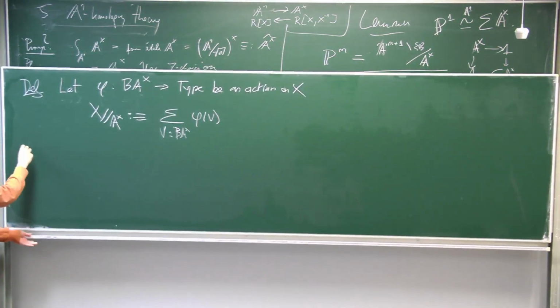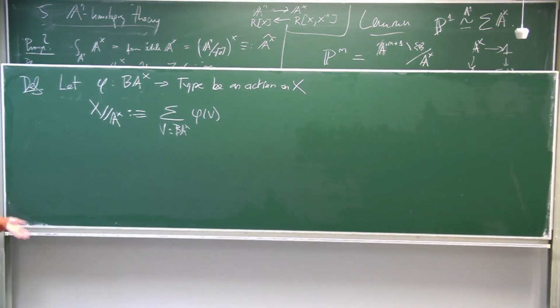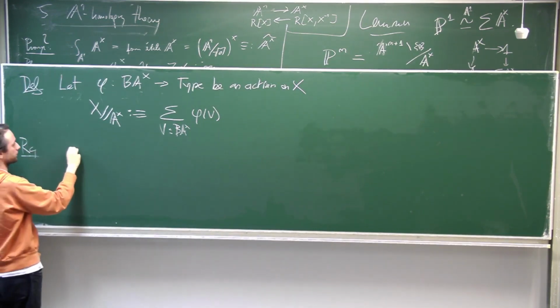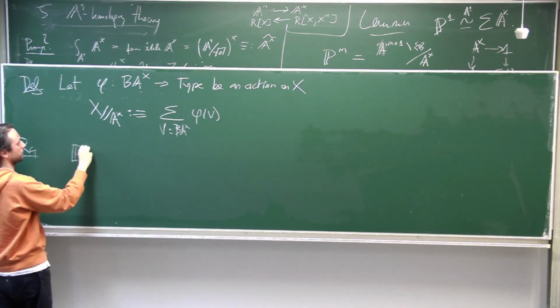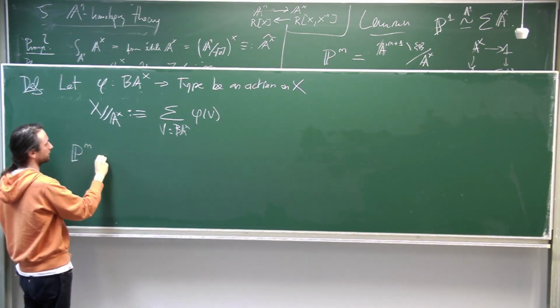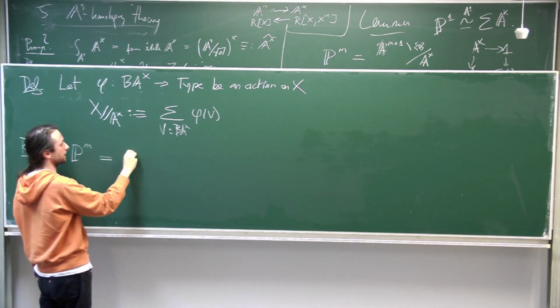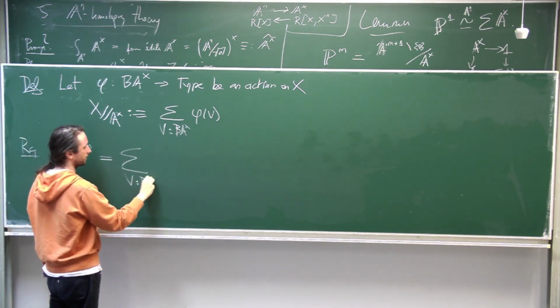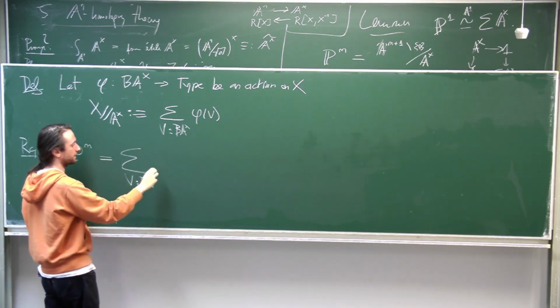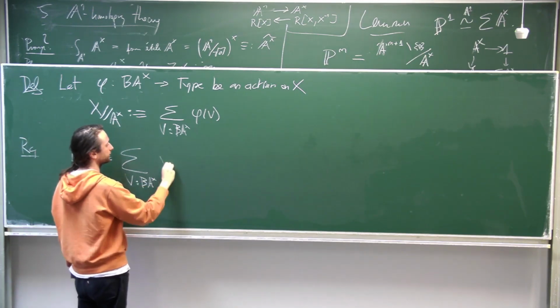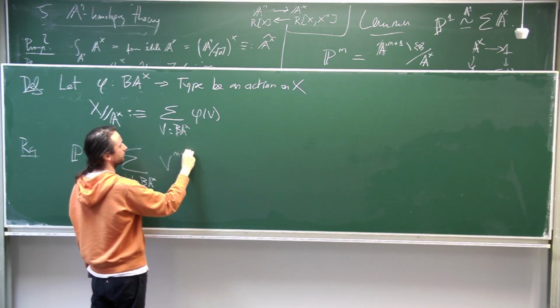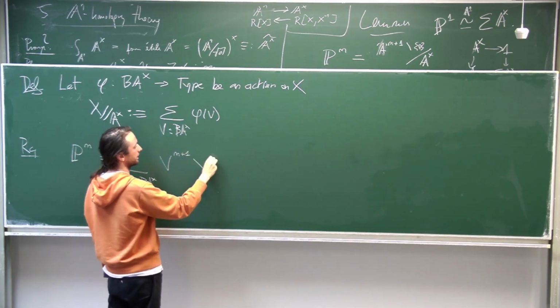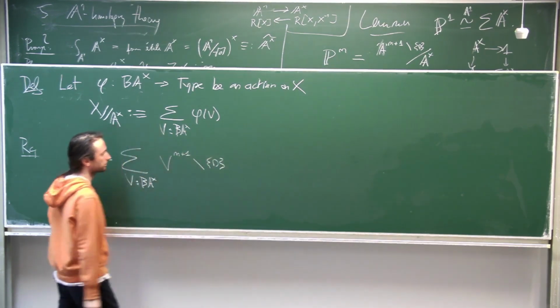And so now we want to present the projective space using a presentation like this. So, the remark: you have that P^n is actually equal to the sigma type over V in BA^× of V^(n+1) minus 0.